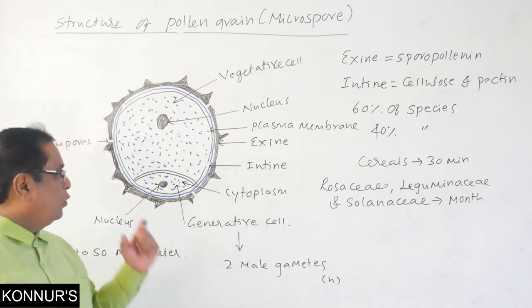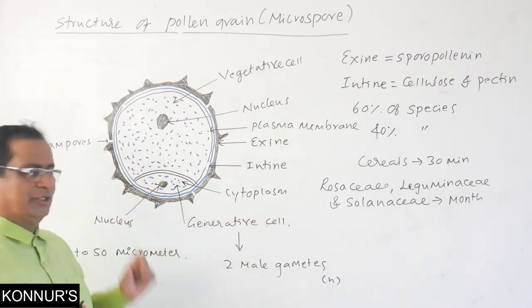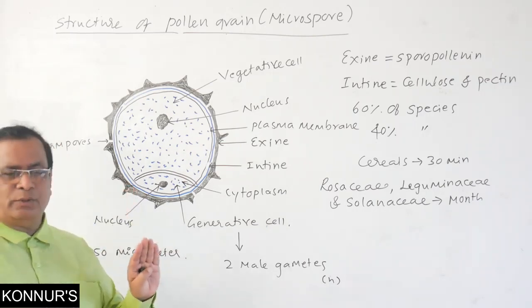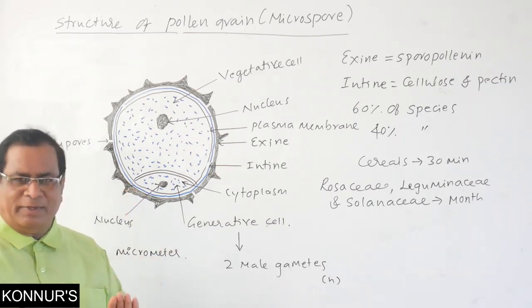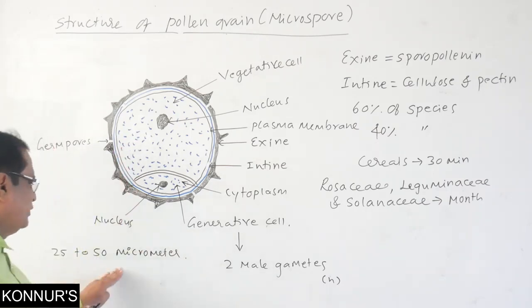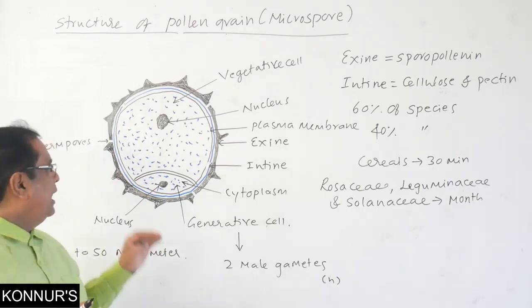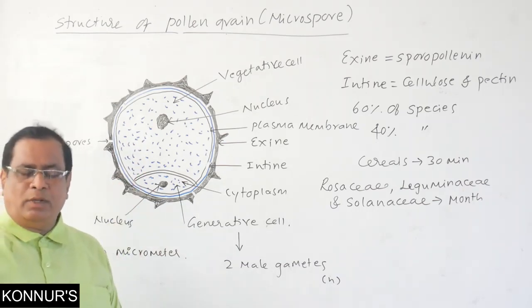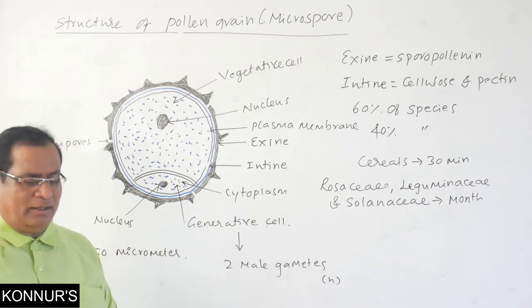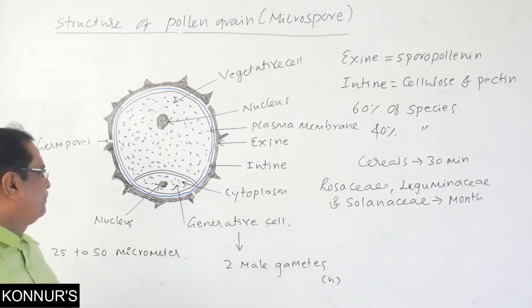Let me have a quick glance over the structure. Pollen grain is a microspore or a male gametophyte. Their size ranges between 25 to 50 micrometers, and they have different architecture, shape, size and design in different species.